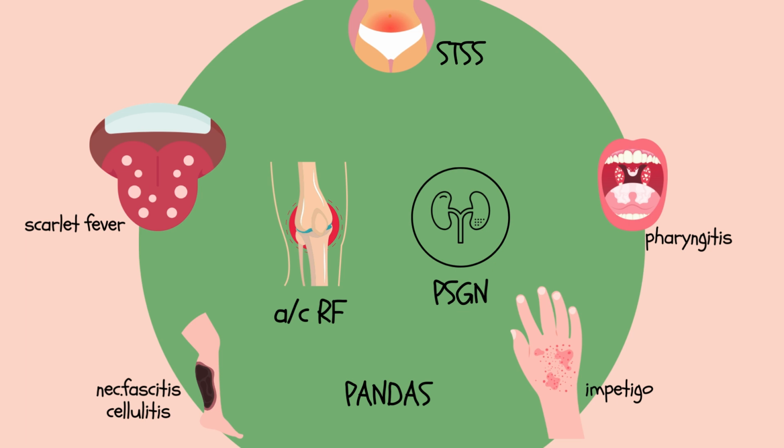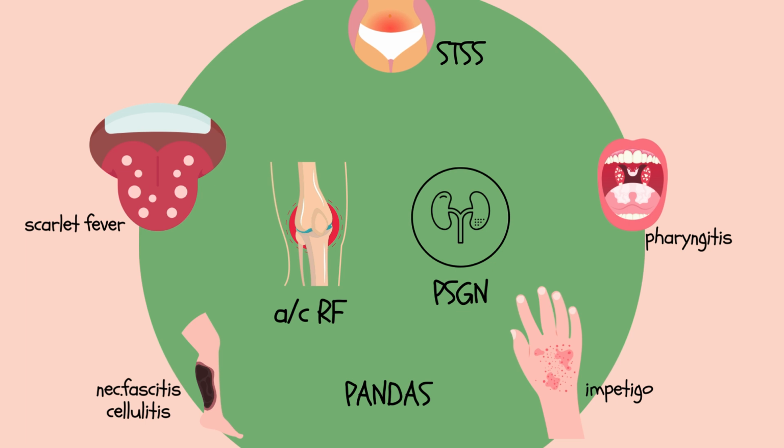Usually, when we talk about toxic shock syndrome, we are referring to staphylococcal toxic shock syndrome, but streptococcal can also cause toxic shock syndrome, called STSS. We also have PANDAS, which is pediatric autoimmune neuropsychiatric disorder associated with streptococcal infections.